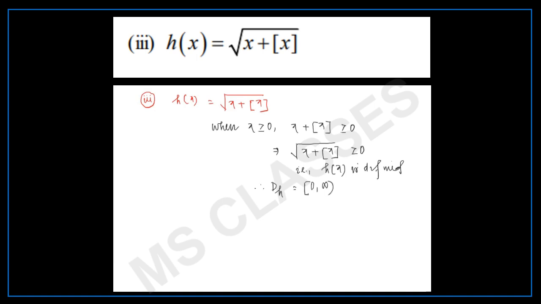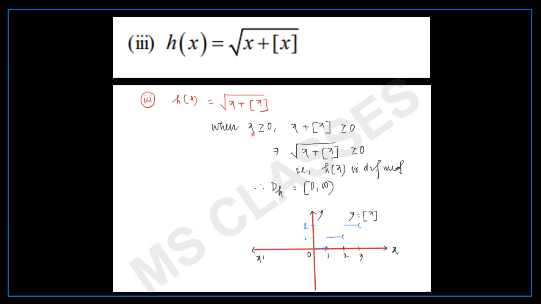Therefore, the domain of h(x) will be 0 to infinity. Even if we draw the graph and understand, it will be the same thing. If we draw the graph of y equal to box x, then you can easily understand that when we take some value more than or equal to 0, the outputs are 0 or 1 or 2 or 3, the integer values.